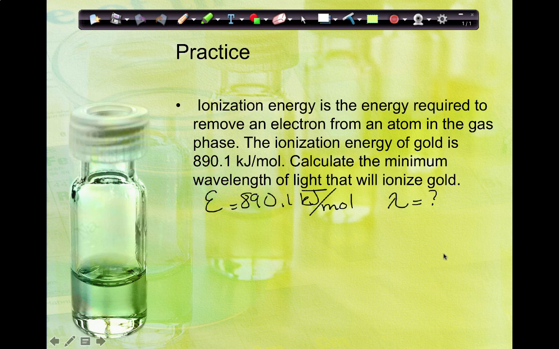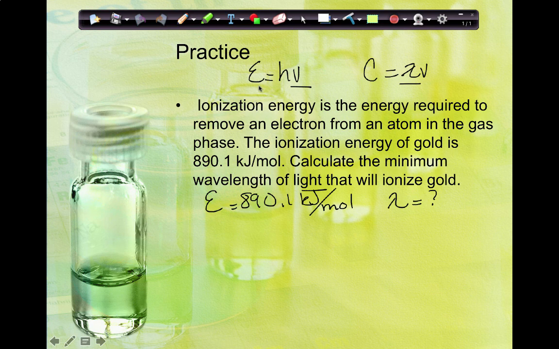And this is only talking about one electron. So this is in kilojoules per mole, okay? So when I'm looking at that, this is per mole, the wavelength is only referring to one electron, taking one of those electrons off, okay? So in order to do this problem, since I'm looking for wavelength, well, I know I'm going to have to use this equation, but I was given energy, so I'm going to have to, again, do what I did in the last problem, solve for frequency, then I can go back and look at the wavelength.